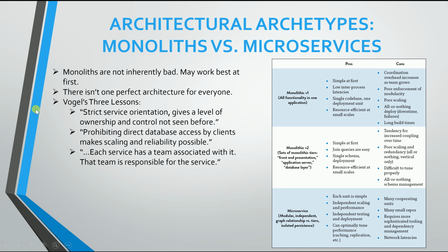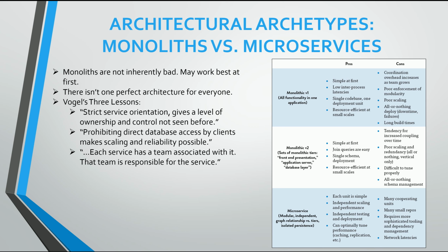But there are three lessons to be learned here. One is strict service orientation gives a level of ownership and control not seen before. Another one is prohibiting direct database access by clients makes scaling and reliability possible. And each service has a team associated with it. Each team is responsible for the service.